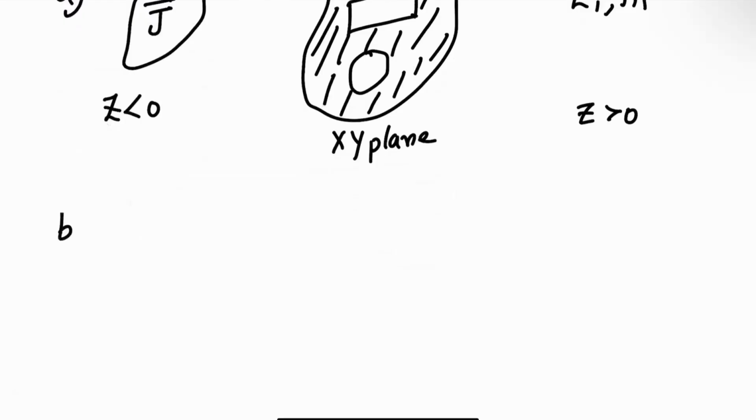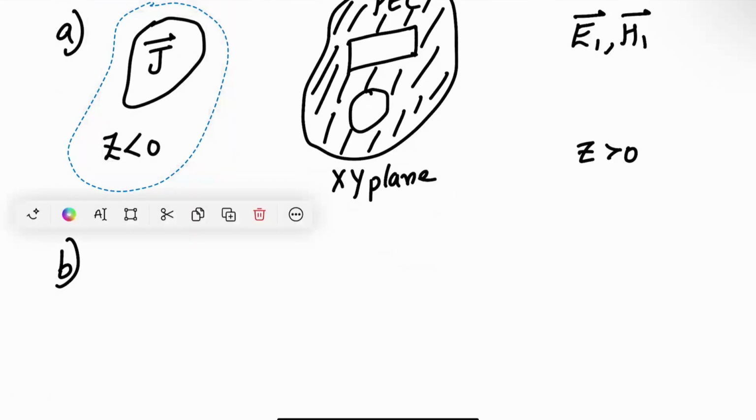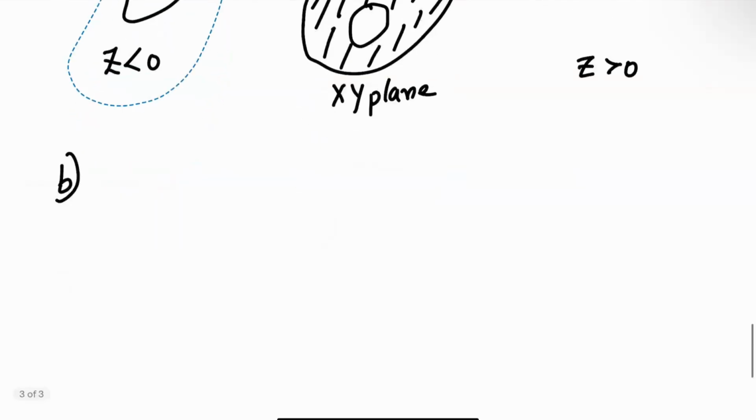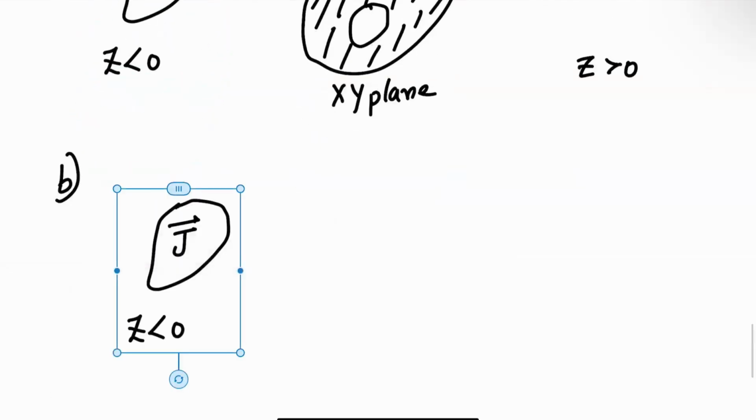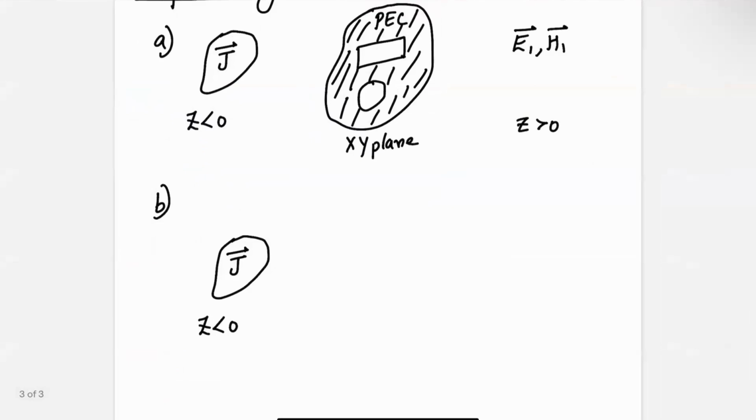The second situation is where I have the same currents. Copy this. Same currents. But now, wherever I had the apertures or the holes, I place PMC.